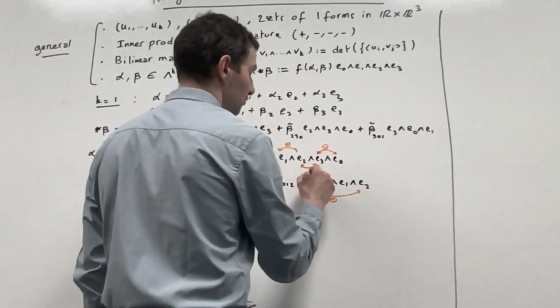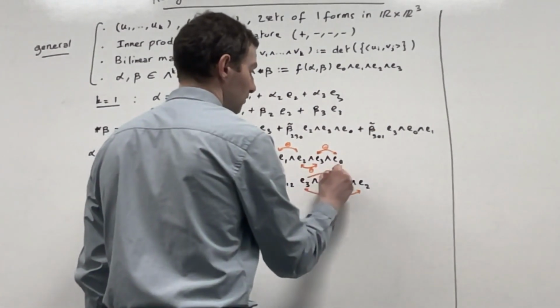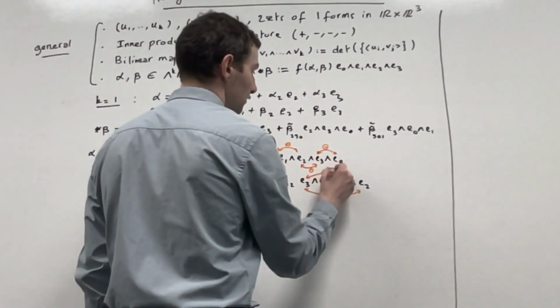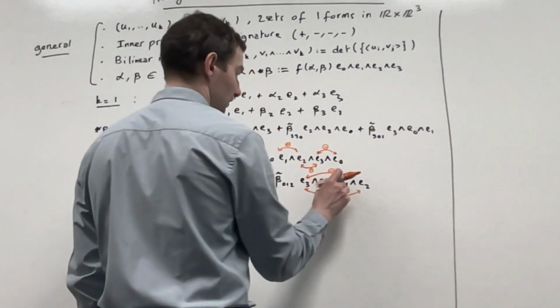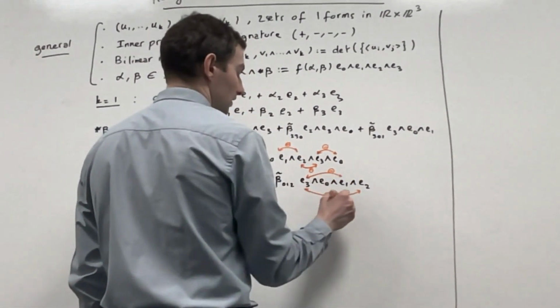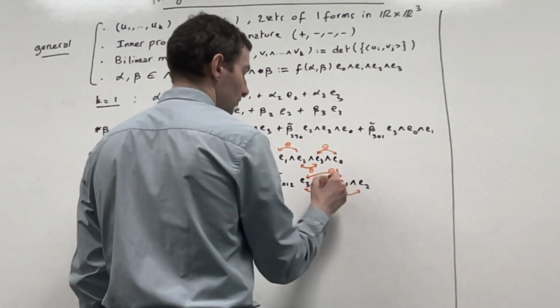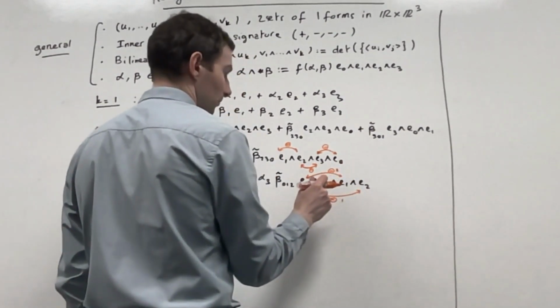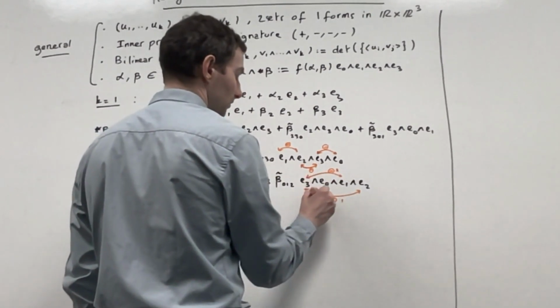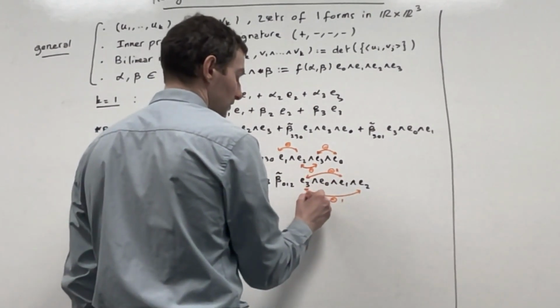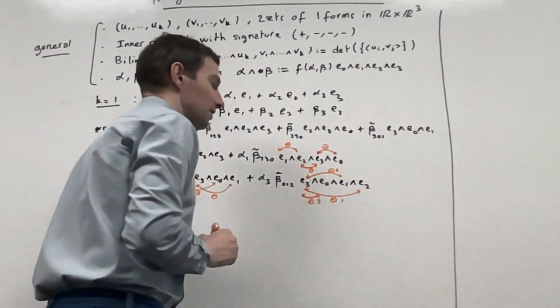So then I would need to swap E2 with E1, so that's a minus sign again, and then I would have here E1 and E0, and so then I would have another minus sign here as a third step.